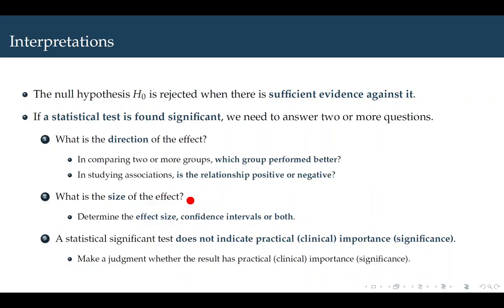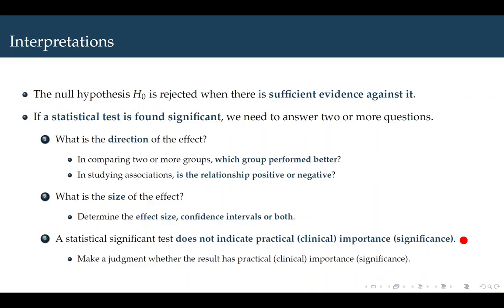The other thing that we are going to note is that a statistically significant test doesn't indicate practical or clinical importance or significance. So statistical significance and clinical importance are different. In the test that we are going to conduct, the test may be significant, but that significant result may not necessarily imply clinical importance.